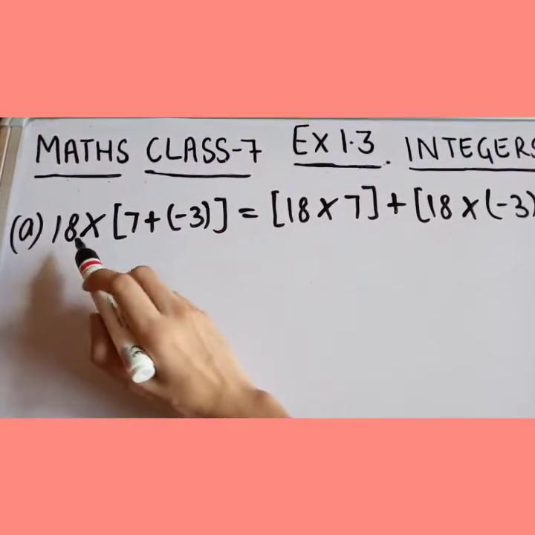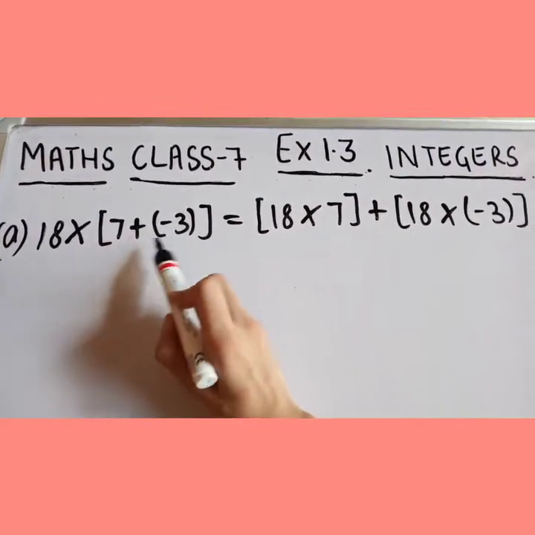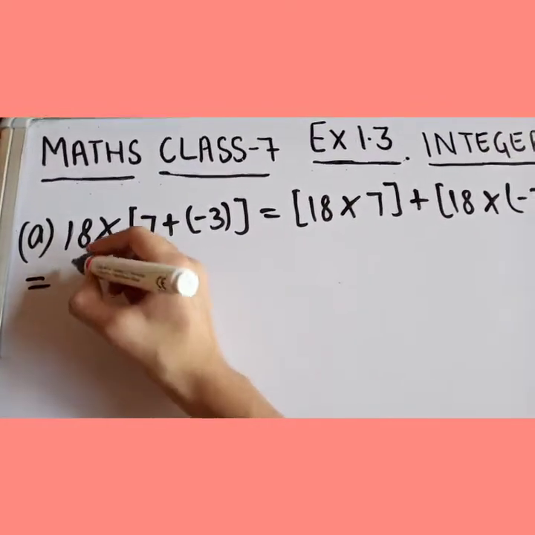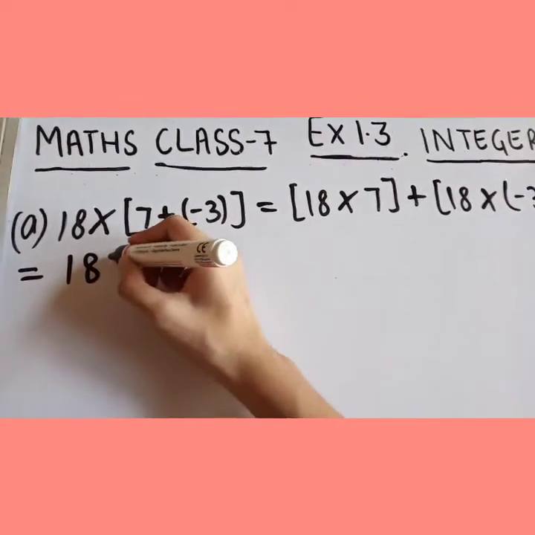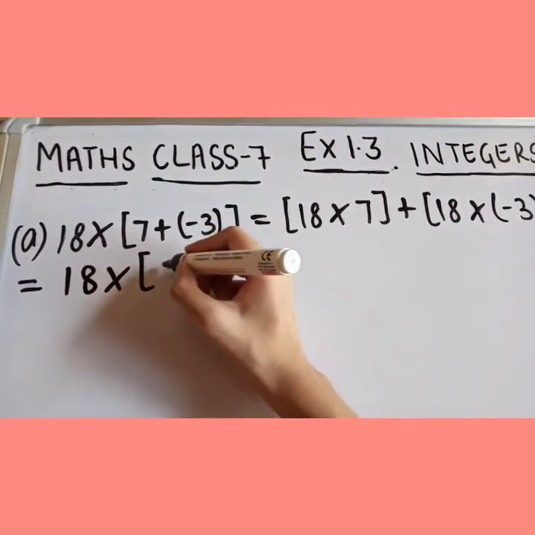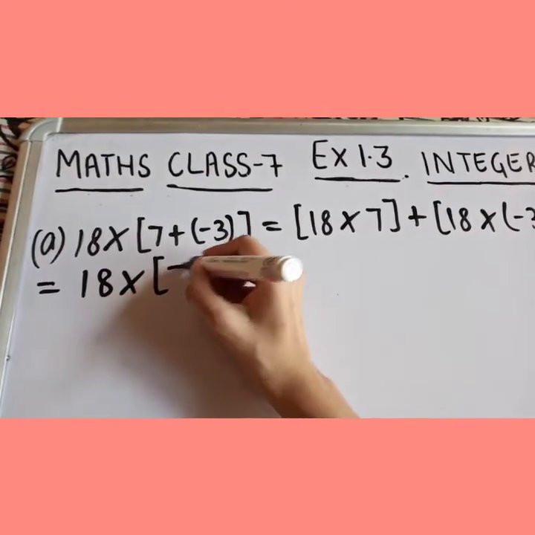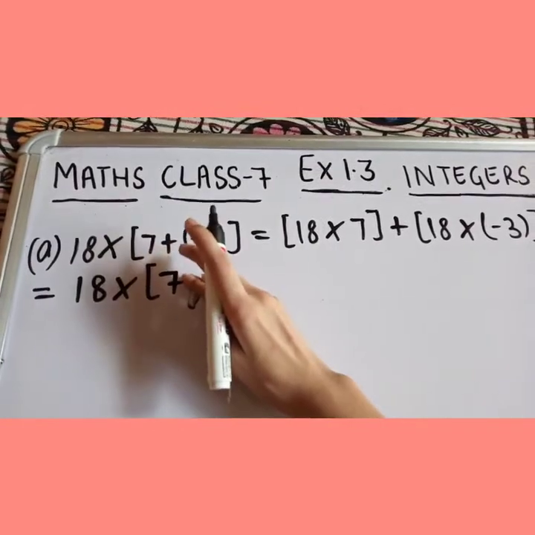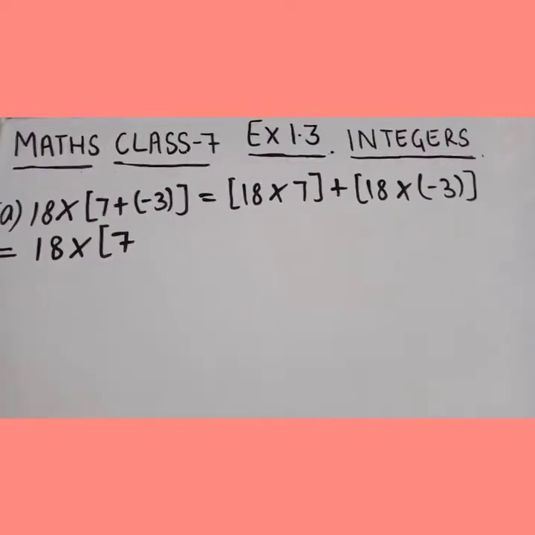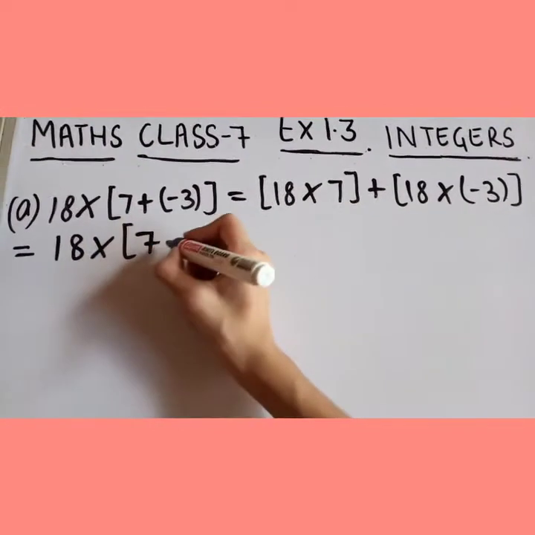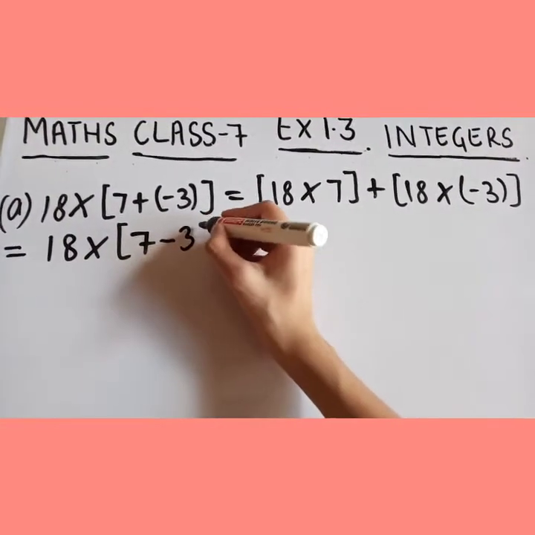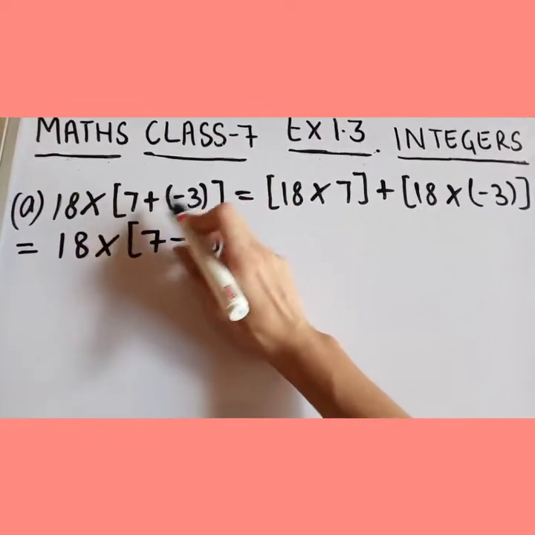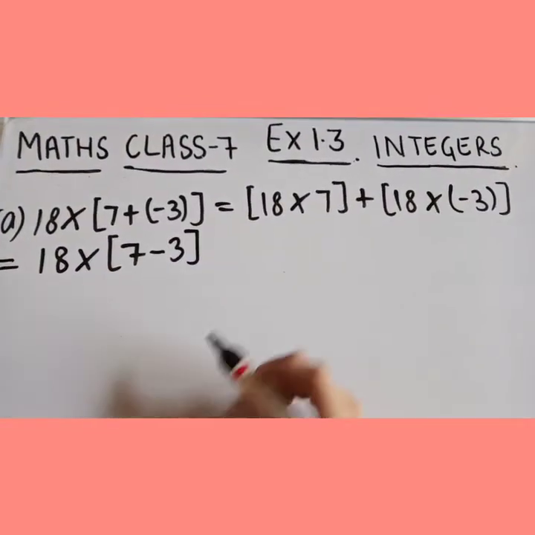So first of all, what we have to do, we have to change the signs. So let's in the first sentence change the signs. 18 multiplied by 7 plus, it will be plus minus minus. So minus 3, then this bracket. ये तो bracket के बाहर आ गया क्योंकि we have solved the signs.